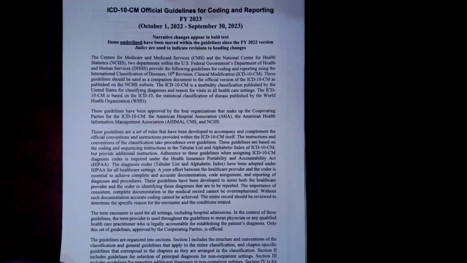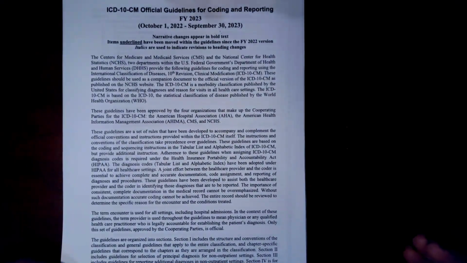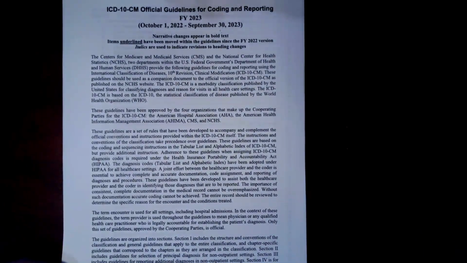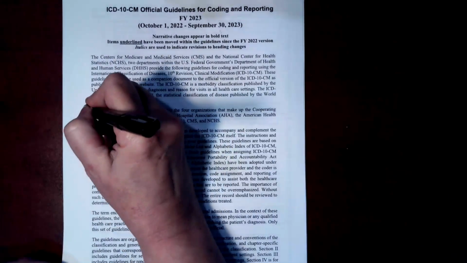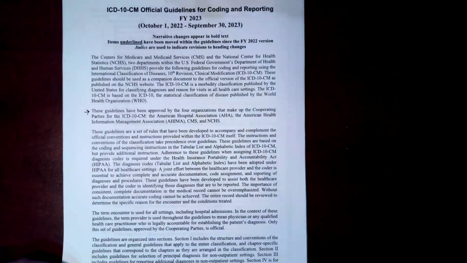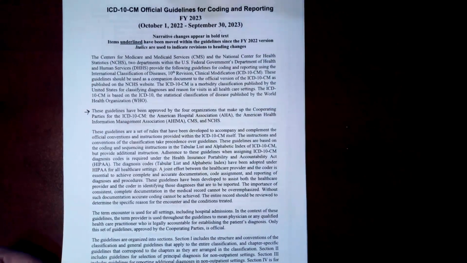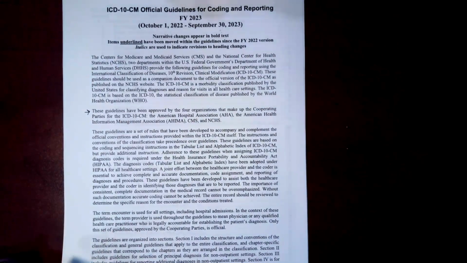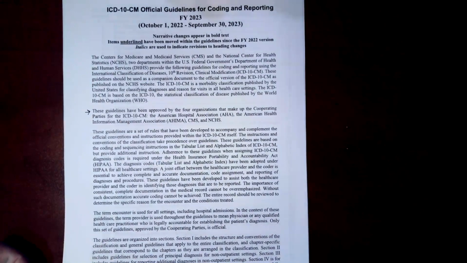A couple of things I like to start off with, and that is recognize that in the instructions, they tell us that these guidelines have been approved by 4 organizations that make up the cooperating parties for ICD-10-CM. Remember, we have a clinical modification here in the United States, which is a little bit different than the ICD-10 that other countries report around the world.